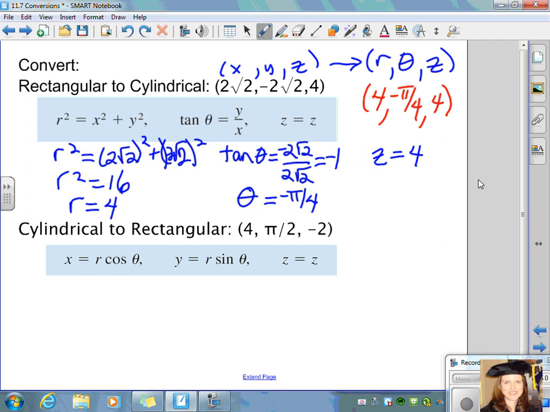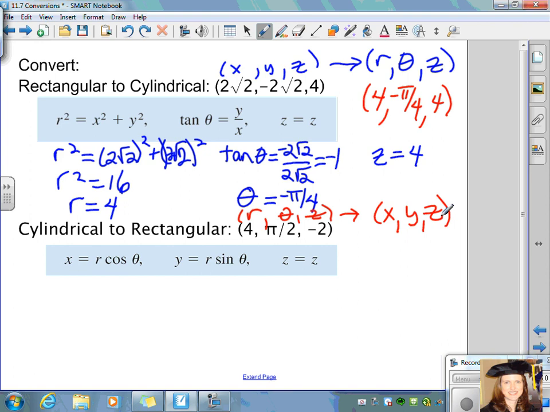Now let's do the example on the bottom, converting from cylindrical to rectangular. So we're given here the points using r, theta, and z, and we want to convert to the points x, y, z.